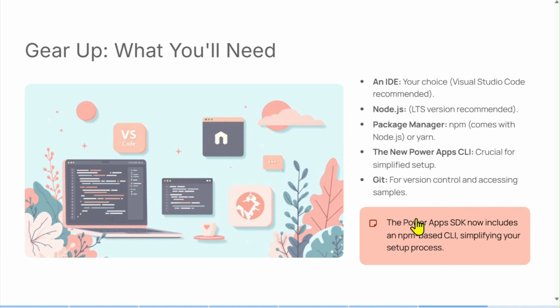That's why they made it a simplified process to use the Power Apps CLI. Everything is defined in the documentation, so we can follow the steps clearly there. Git is for version control and accessing, and they have given Git samples. As of now, GitHub integration is not supported.